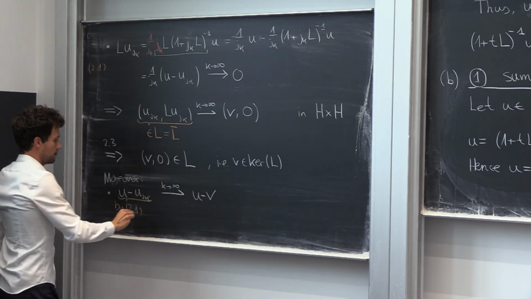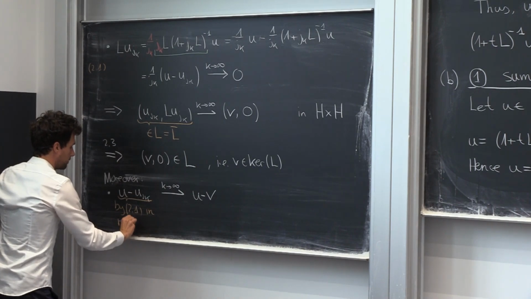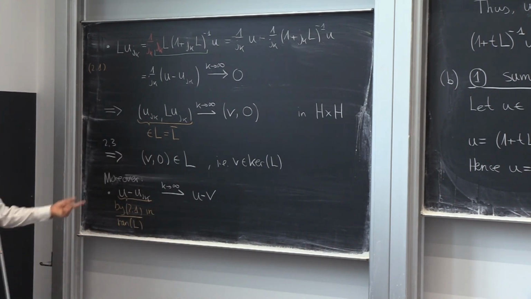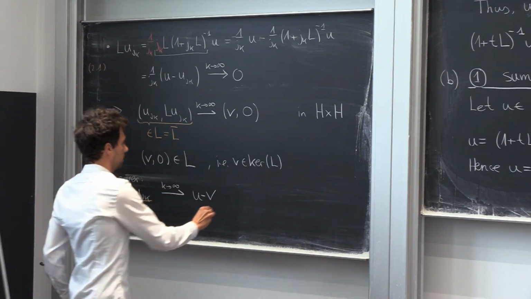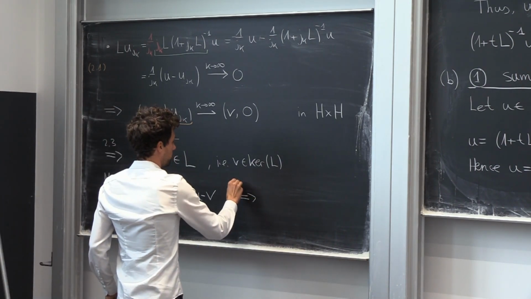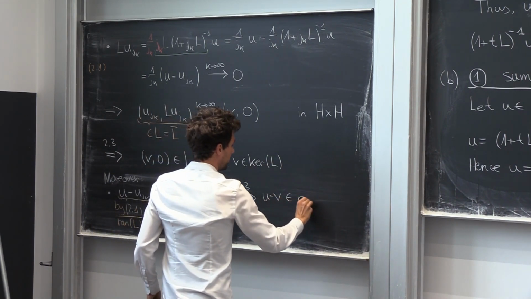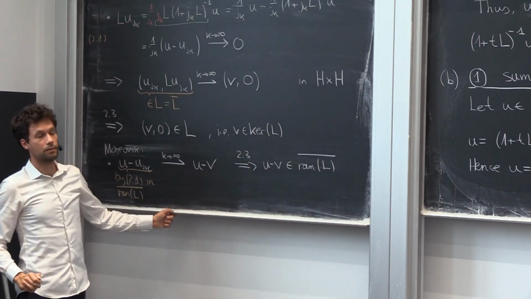So this is in the range of L, so it's also in the closure of the range. It converges weakly to u minus v, so it follows once again from 2.3 that u minus v is in the closure of the range of L.